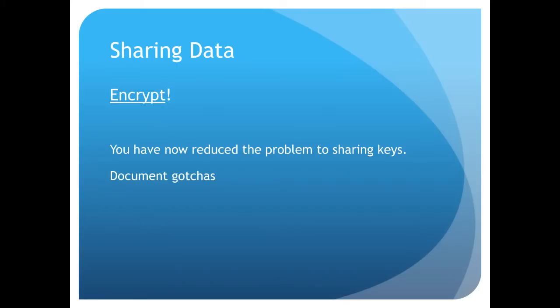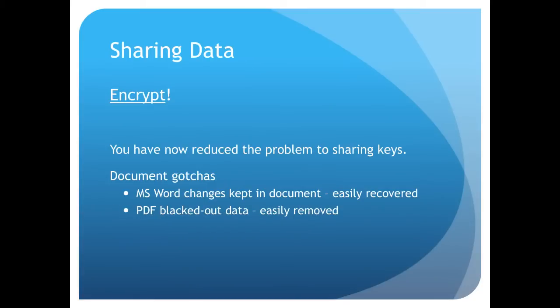A couple of document gotchas for you. Microsoft Word keeps changes in the documents, and they can be easily recovered, and so you should be aware of that. Don't share Word documents with somebody if you don't want them to see the changes that you have. Yes, there's ways to turn it off, but it's better to just not share them. PDFs, some people will black out data by adding a layer of black rectangles on it.